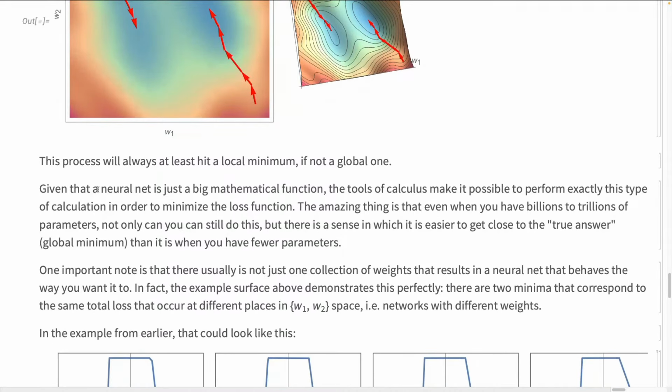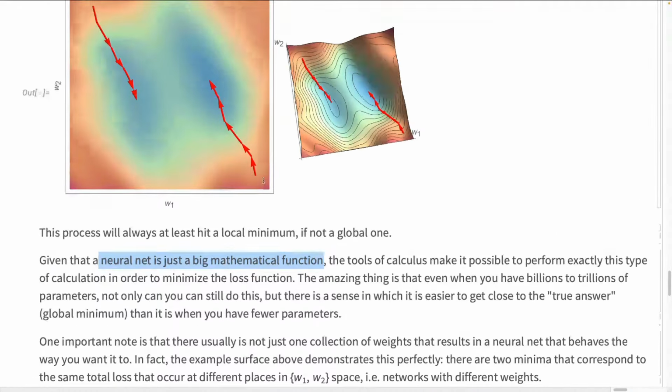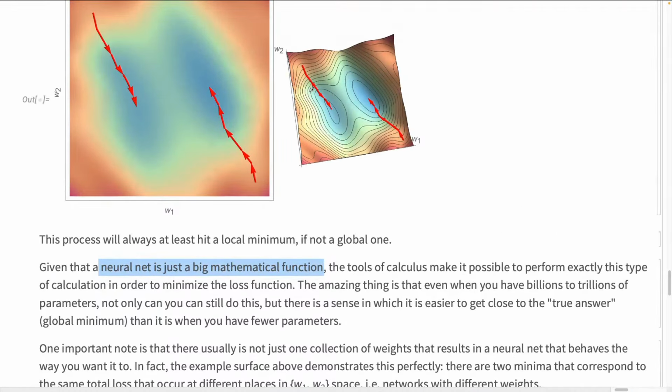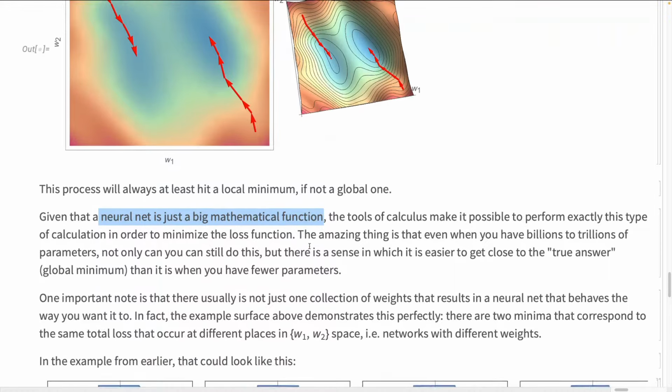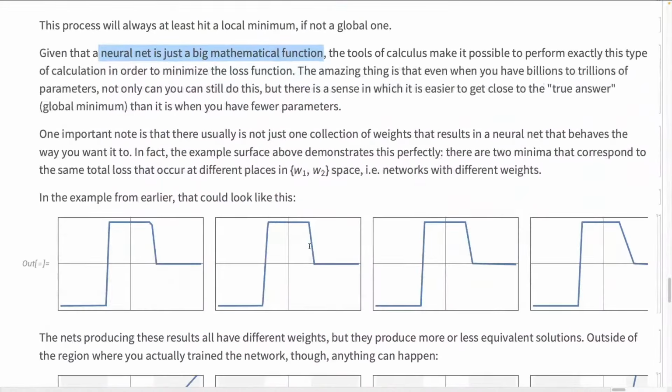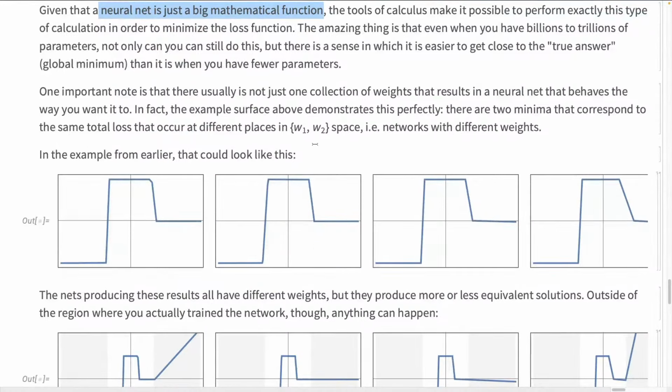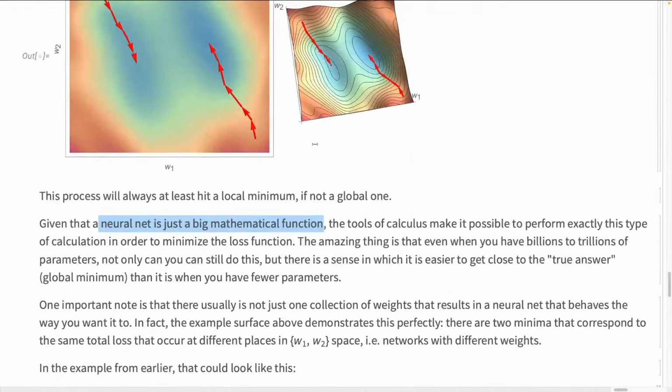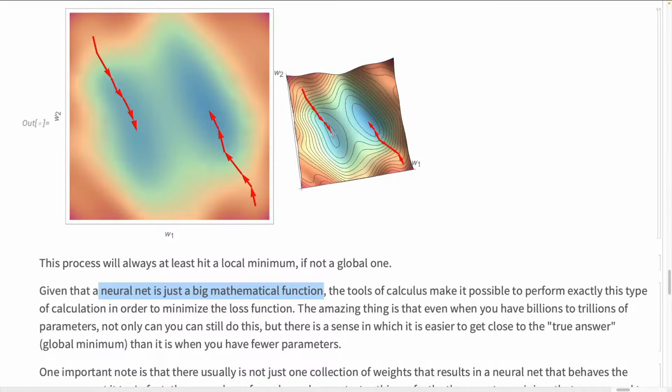So because a neural net is just a big mathematical function, tools from calculus and numerical analysis let you very quickly, in a sense, minimize the error that your net is experiencing. And one thing to note, I'll scroll back up, I'm a serial scroller, is that it's not the case that there's one specific value of all the weights. Maybe you have a billion weights.